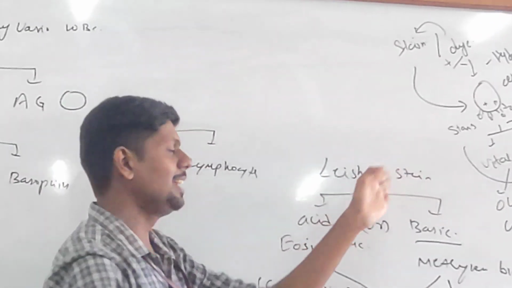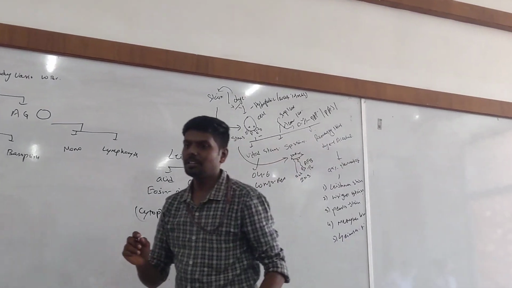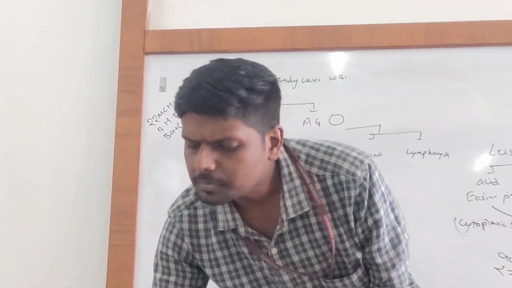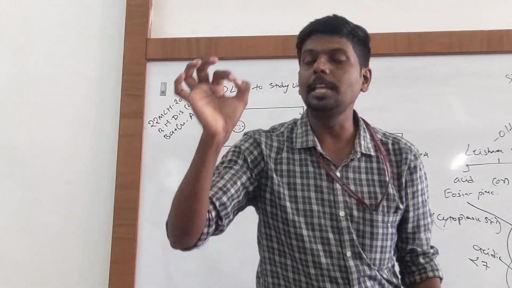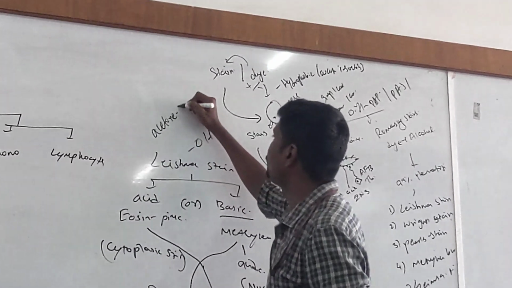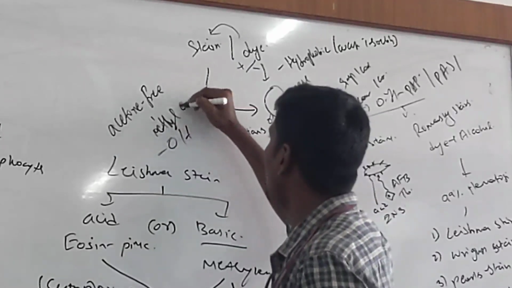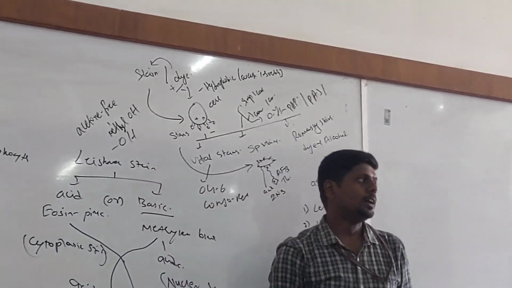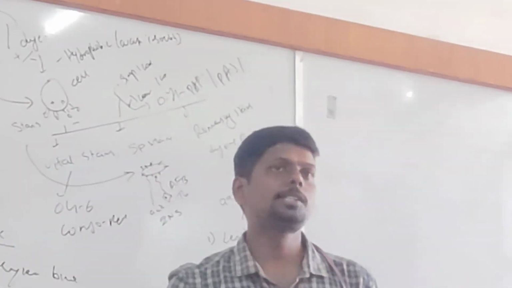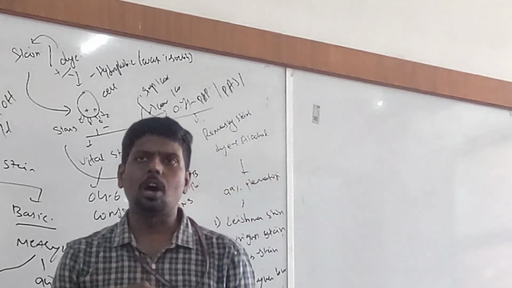In our Leishman stain, the alcohol base is, write down, acetone-free methyl alcohol. Acetone-free methyl alcohol is the solution. Now listen. Now there is a problem with alcohols.